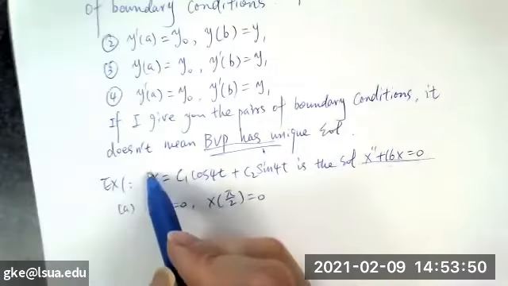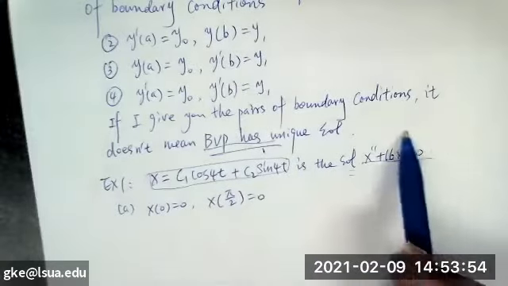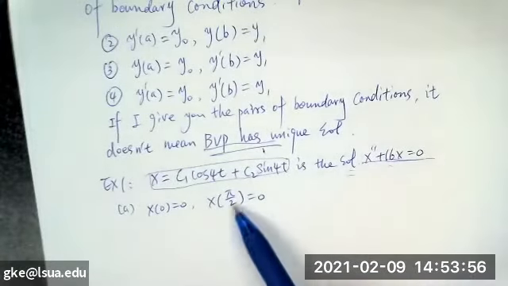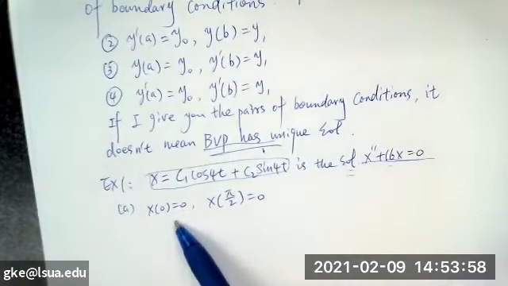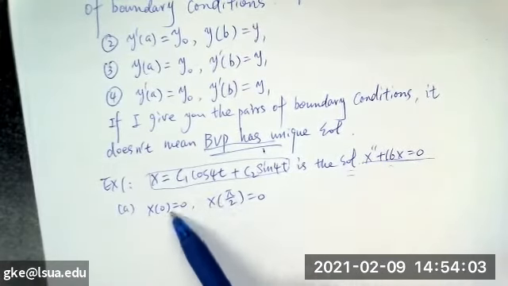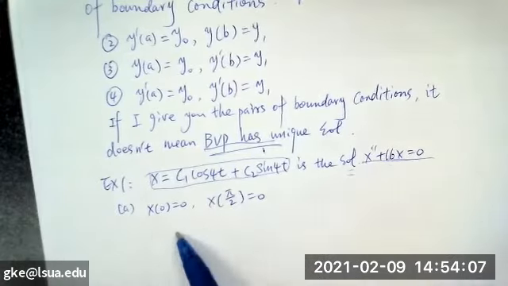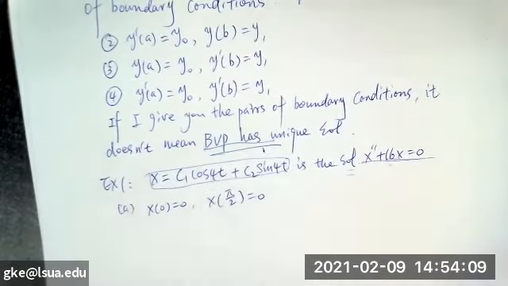Okay, now let's try it. Because we already claim that guy is a solution of this ODE, the left work, we just need to double check these two boundary conditions and find out C1 and C2. Okay, that's the strategy. So how to find C1 and C2? Just plug in.